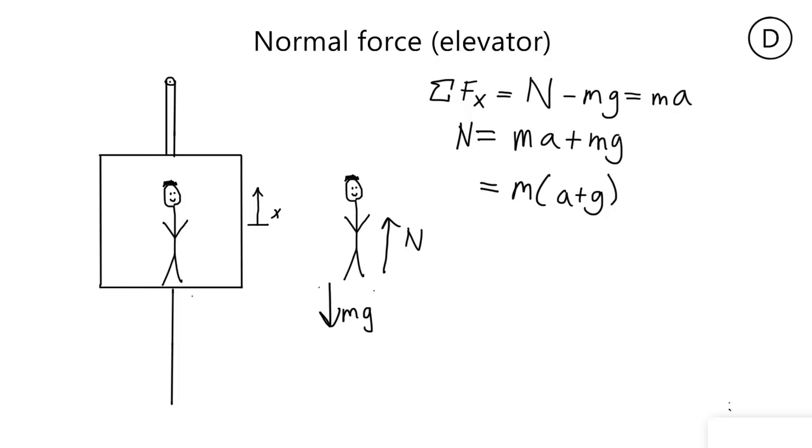If we continue on with this, we have n equal to basically this, but I'm going to rearrange it real quick. So we get gravity plus acceleration, so n is going to equal mass times gravity plus acceleration. As you can see, n is not equal to mg right away. It's equal to this whole setup.